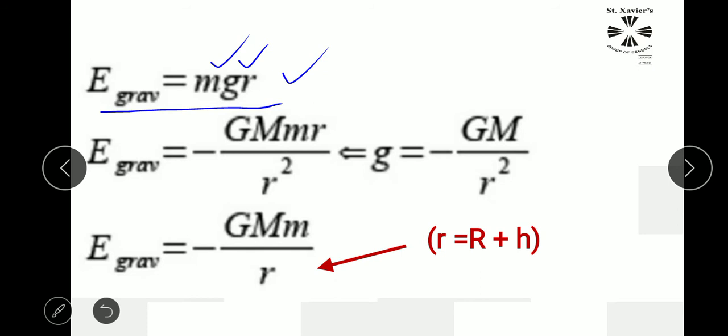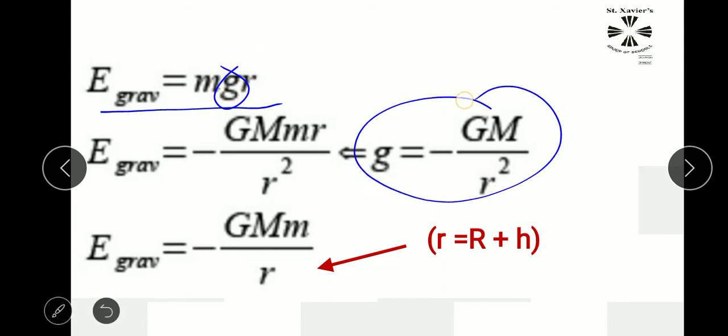Now for further modification, we have already studied that g value is given by minus capital G capital M upon R square. Now you will ask, why this minus sign? In the last formula we did not have a minus sign, so here is the reason.